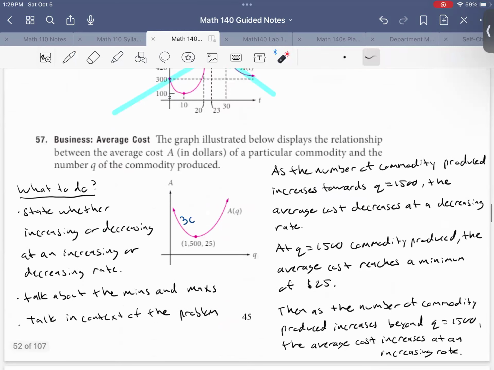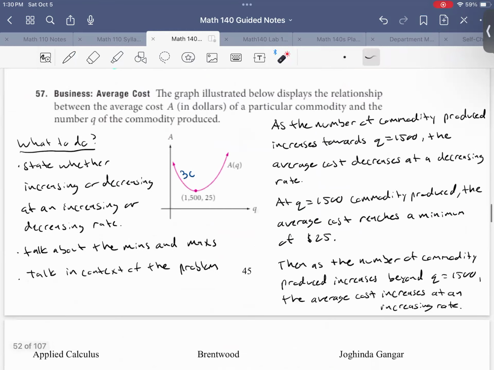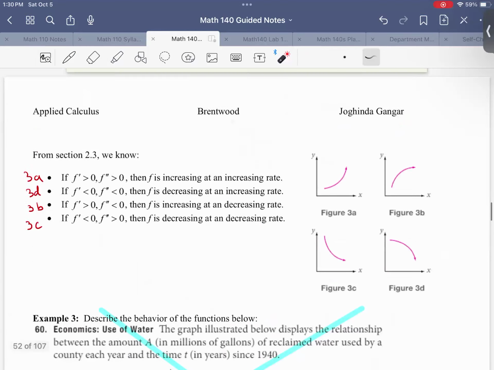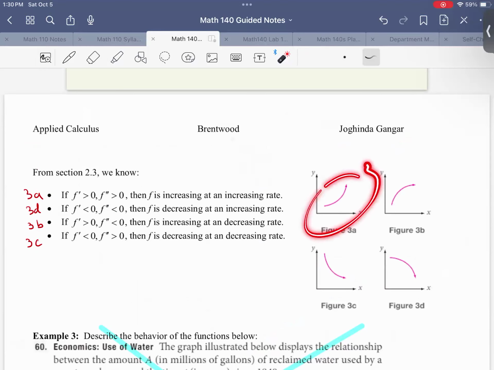Okay, so that's where I'm getting that part from. And then at this point here, we actually have a minimum. At 1500 commodity, we reach a minimum of $25. So I'm going kind of from left to right about what's going on in the graph. And then lastly, after this min, we were just shooting off increasing, right? So to me, that looks like increasing at an increasing rate. So this would be 3a.